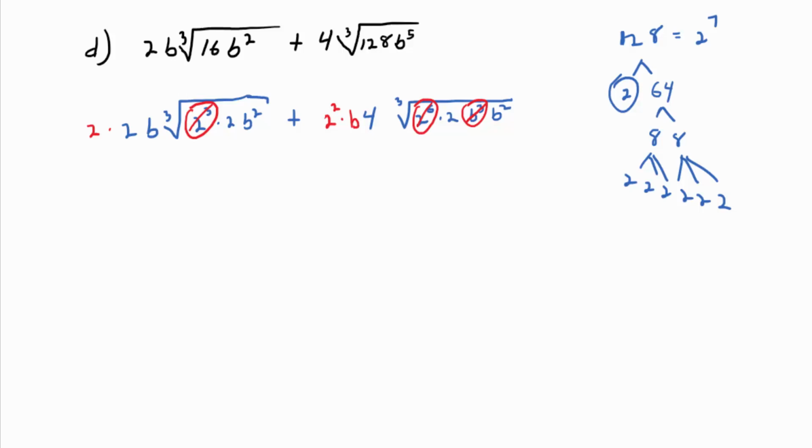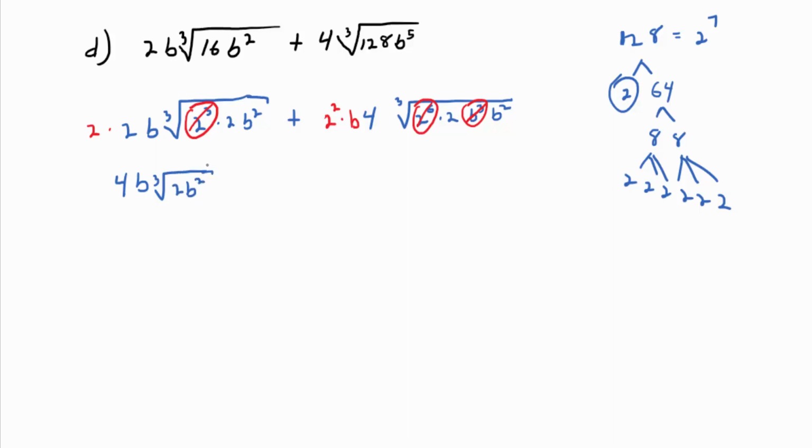In the first radical, what do we have out front of the radical? Just 2 times 2, so 4b times the cubed root of what? What's left inside? 2b squared. Right?